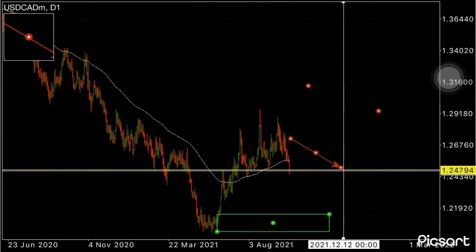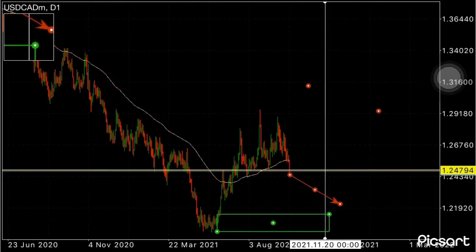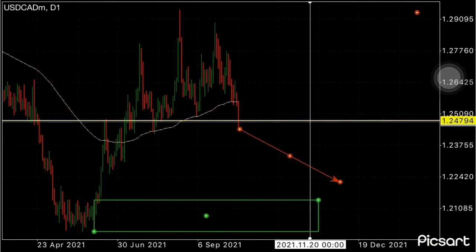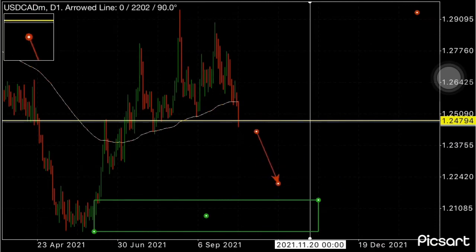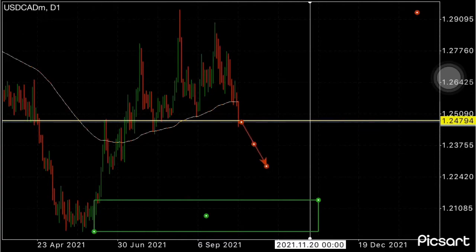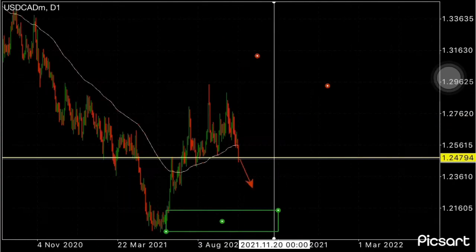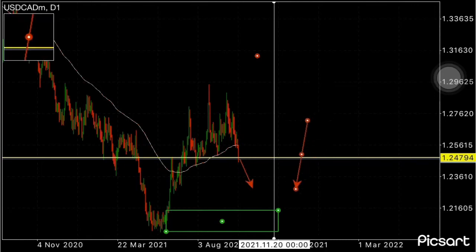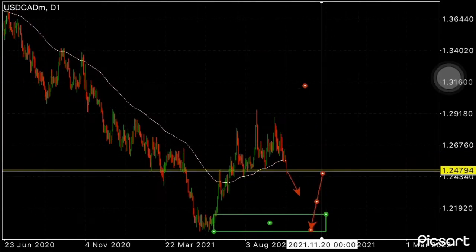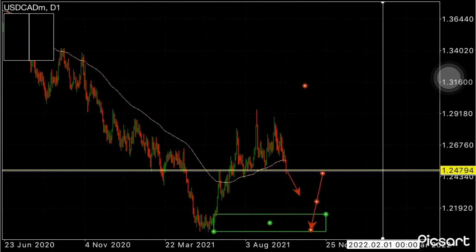So what we want to see is the price to move downwards, maybe to come down a little more, to this point, yeah. And we want to see a retest of this level here, right here.